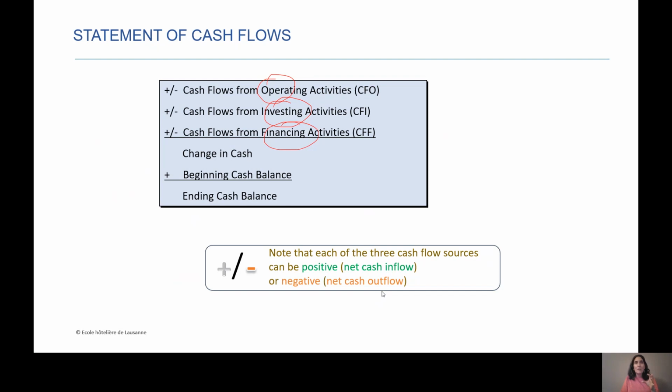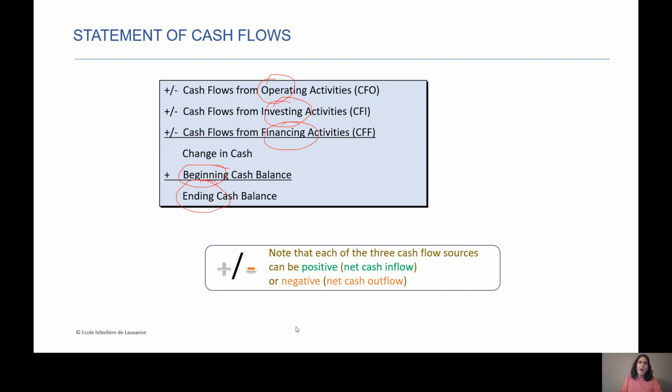So the cash flow statement only focuses on one account that you find in the balance sheet, cash. Cash is so important that it has its own statement. This statement explains how the beginning balance has become the ending balance at the end of the year. So here, the variation between the beginning and the end is explained in the cash flow statement.